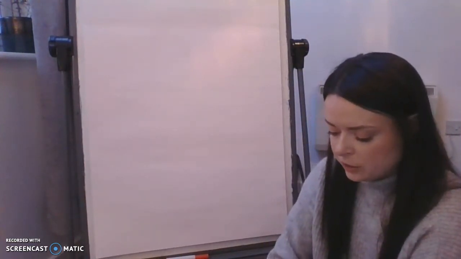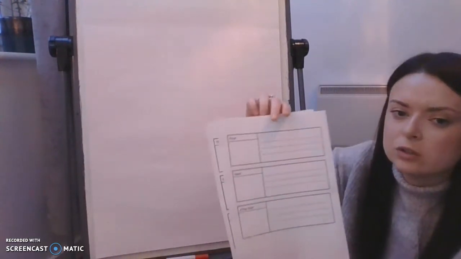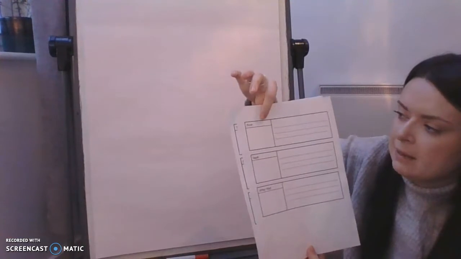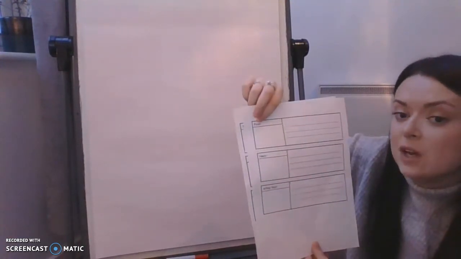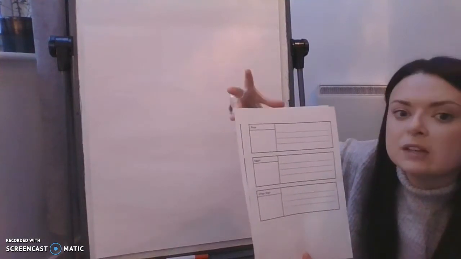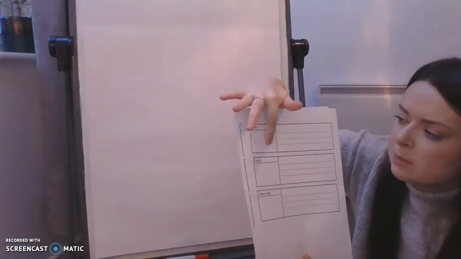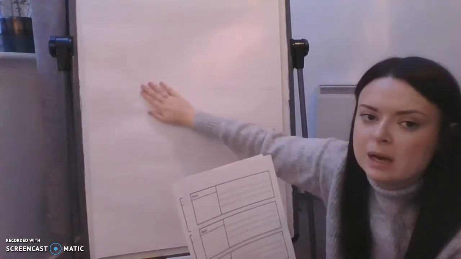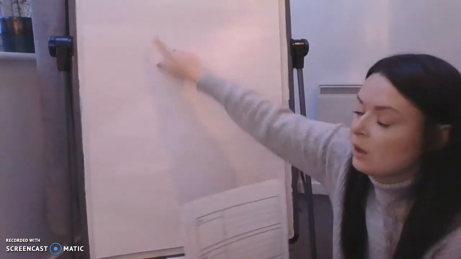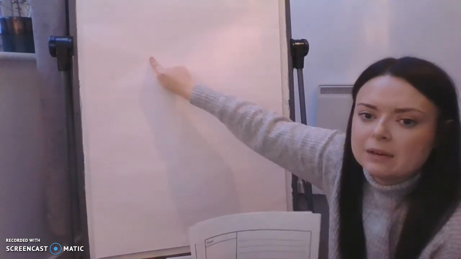Now if you turn over, you have got some lined paper here. The first box says first. So that's obviously the first thing that has happened in the story. It's got a little space here, and that's where you're going to stick your picture in. I'm going to use my magic board, I call it, to stick mine on, just because it makes it a bit clearer for you.